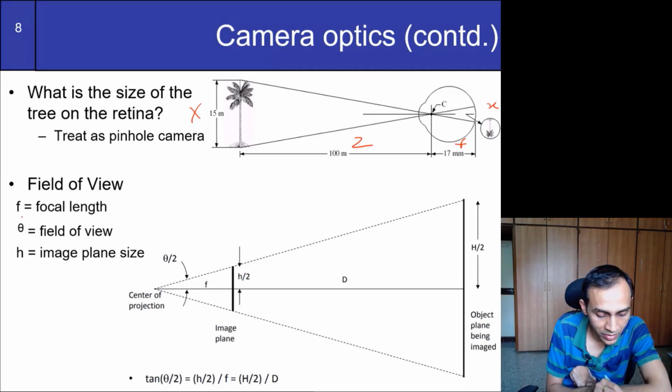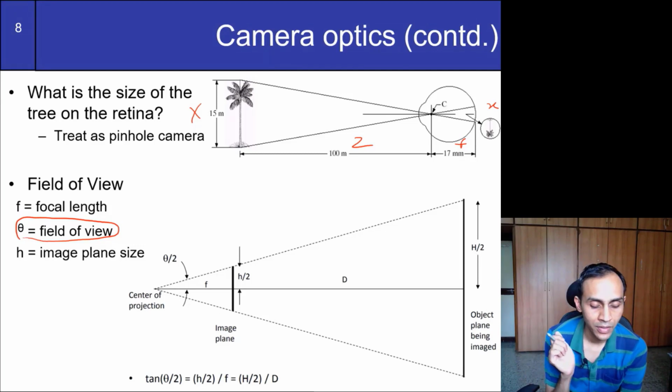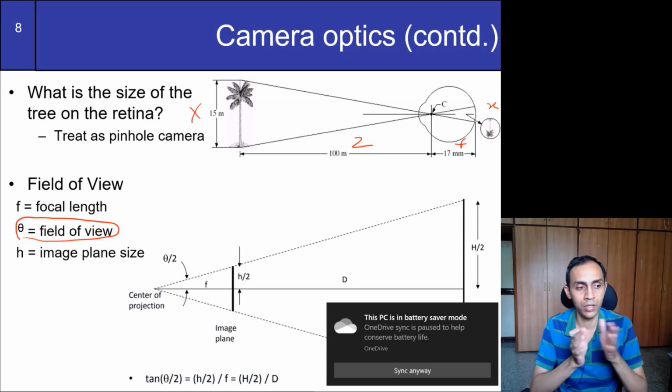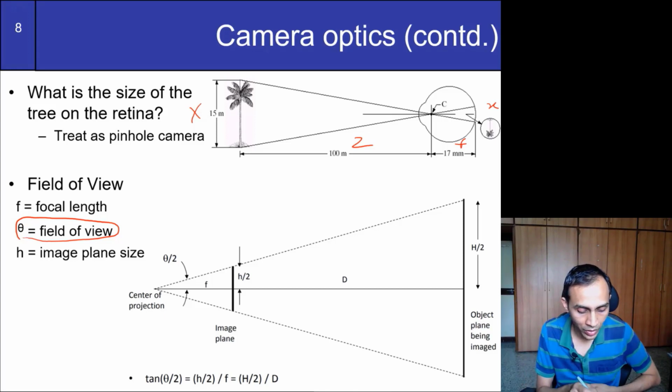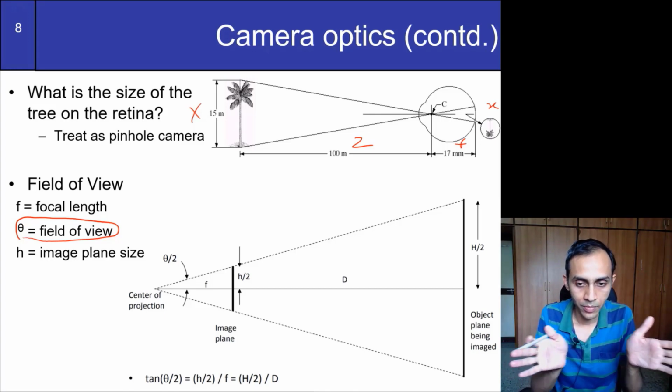Another specification generally given for any camera or imaging device is called field of view. If you see the specs of any camera, one of the specs will be the field of view, whether it is a wide angle camera or how much the field of view is.